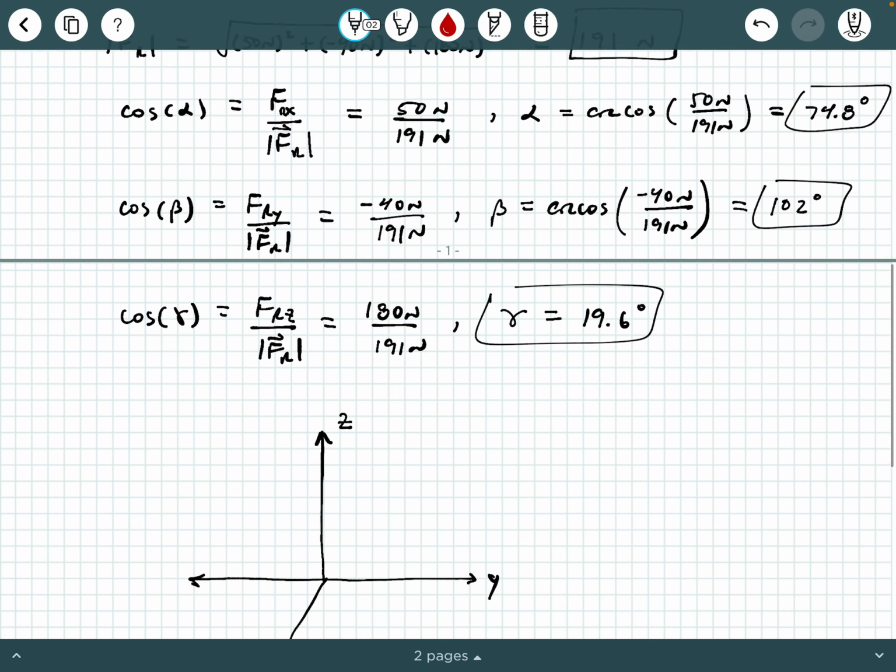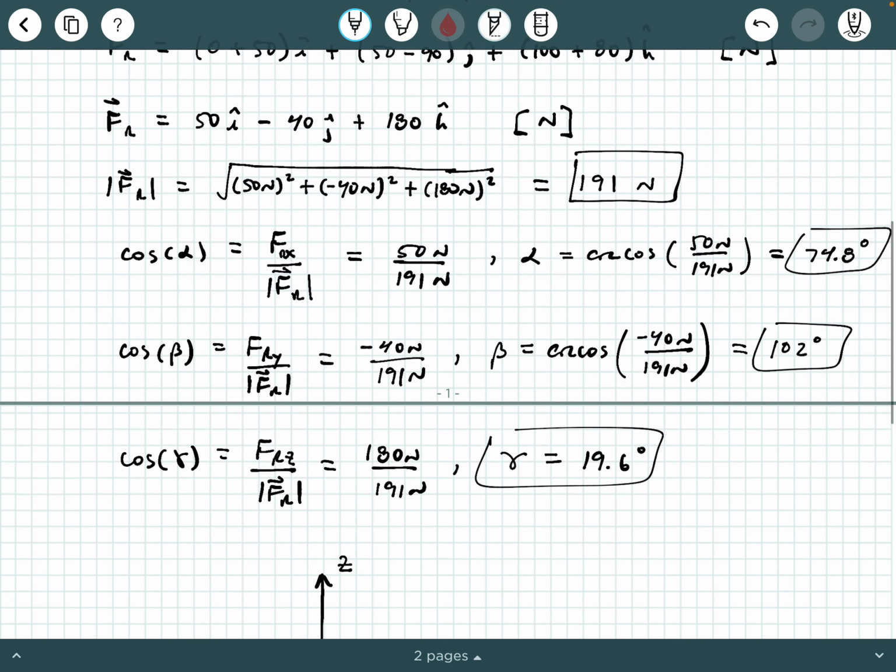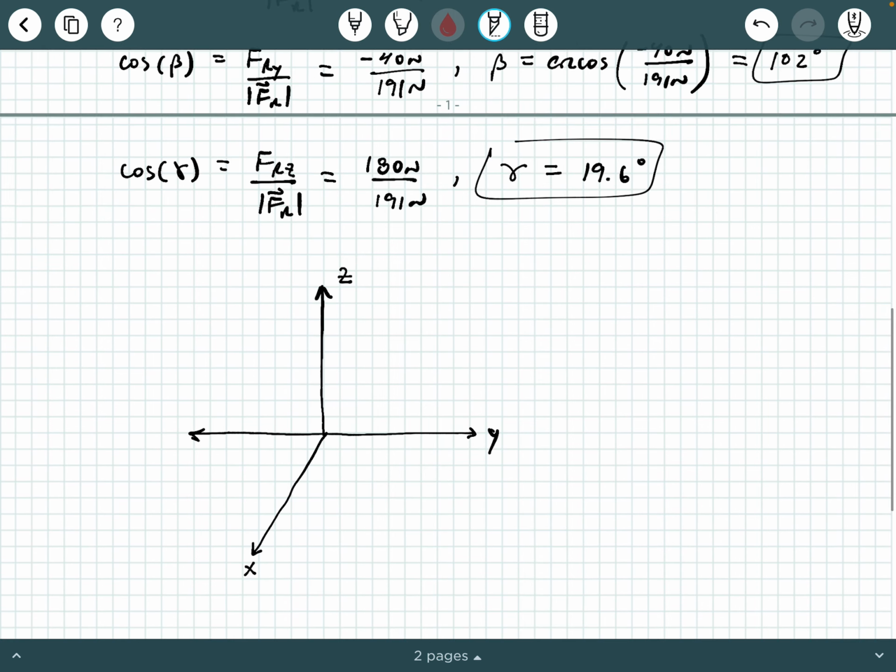So what is this resultant going to look like? Well, take a look back here. The Cartesian form of this has a positive x component, a negative y component, and a positive z component. So that Cartesian force vector is going to be doing something like this. Draw that a little bit better.